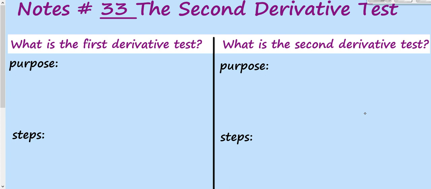Okay, what is the first derivative test from two lessons ago? The purpose of the first derivative test is to identify local maxes and mins. We could call those local extrema.